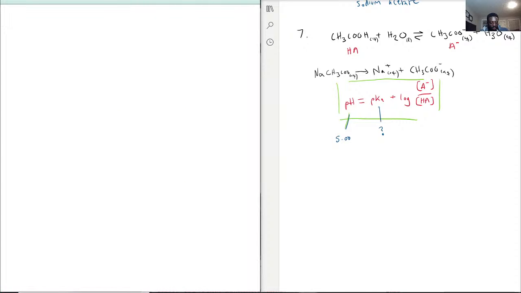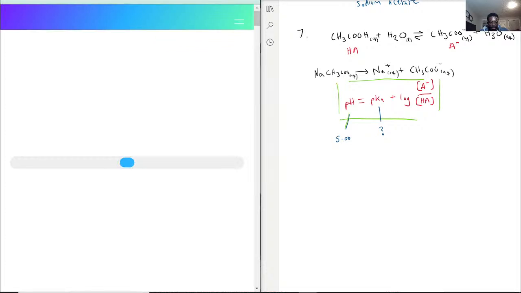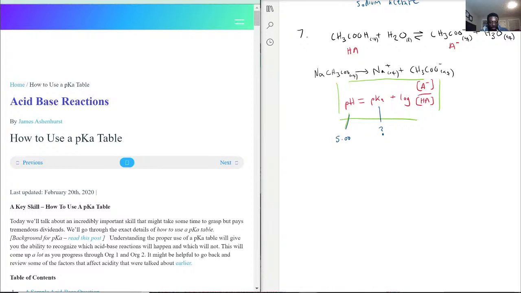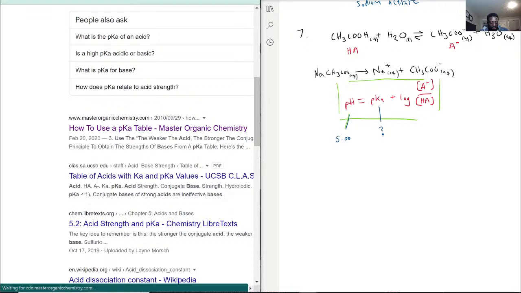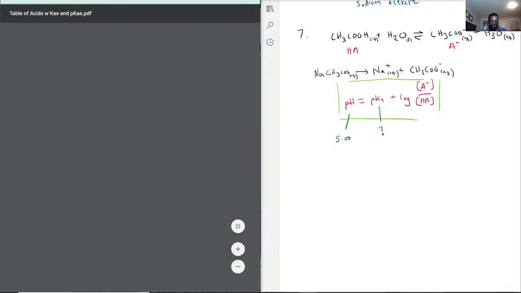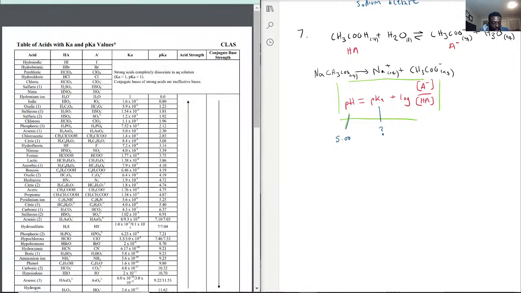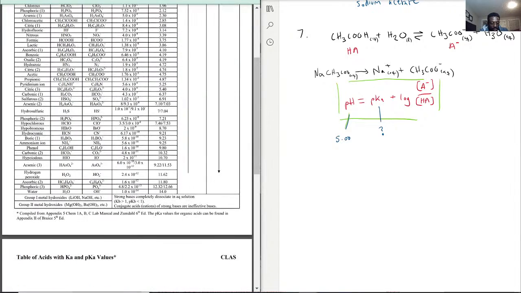Hopefully this one here will just have the pKa table. Oh, that's unfortunate. Might have to go to tables of acids. There we go. This is what we're going to be using going forward. Hopefully we can still read it. They did a nice job of saying which are stronger acids.